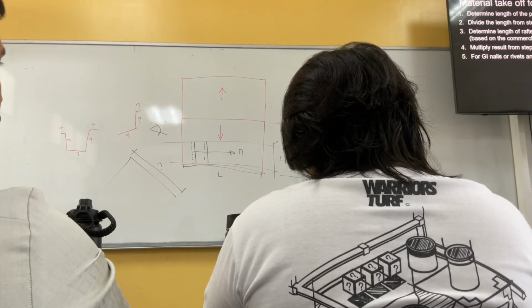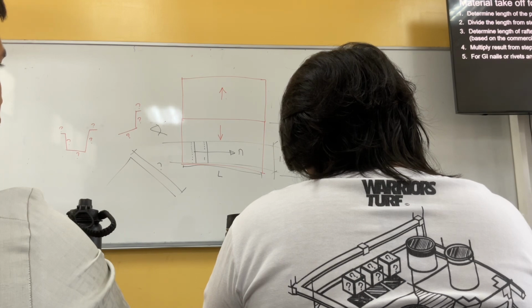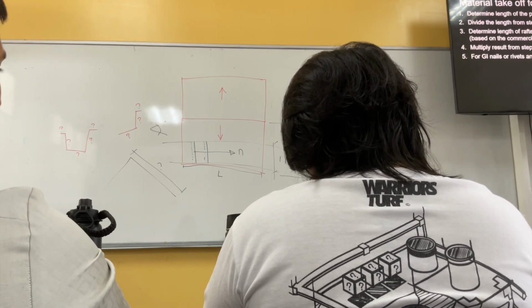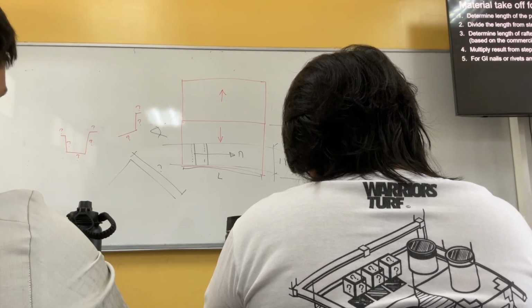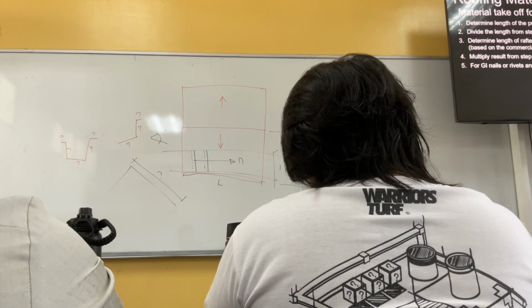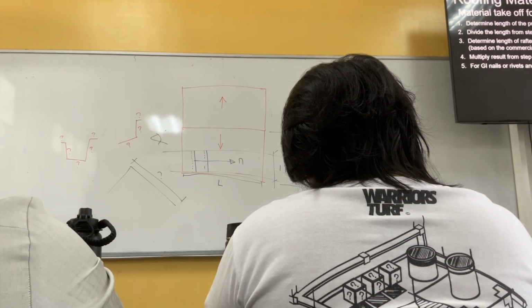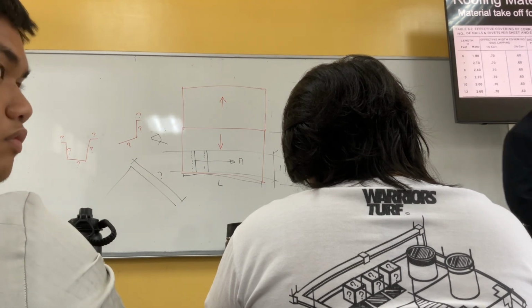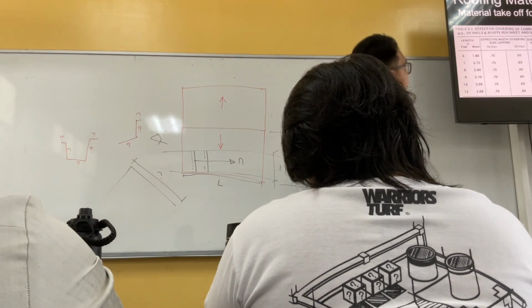So, we also have other roofing accessories. Like I mentioned, there are purlins, rivets, and nails. We have tables that might aid us to estimate.